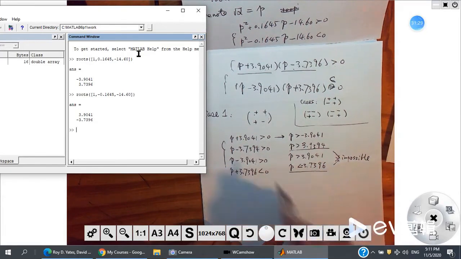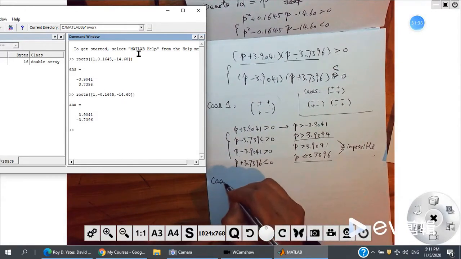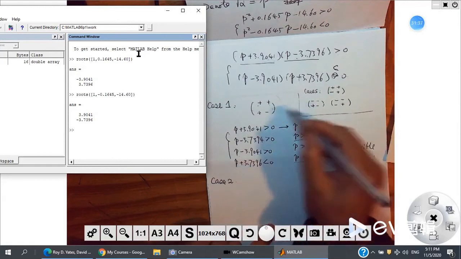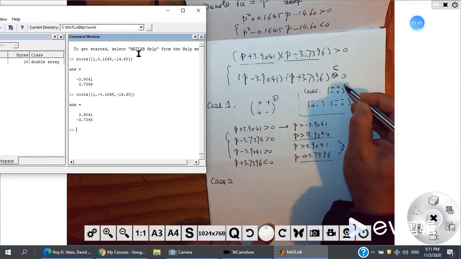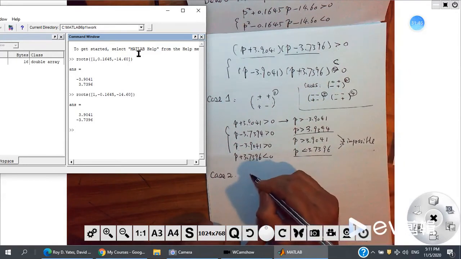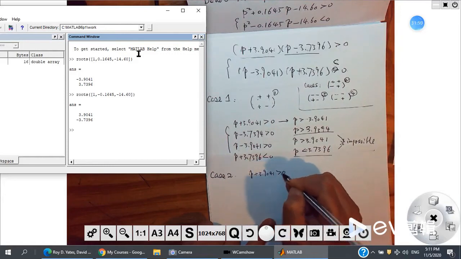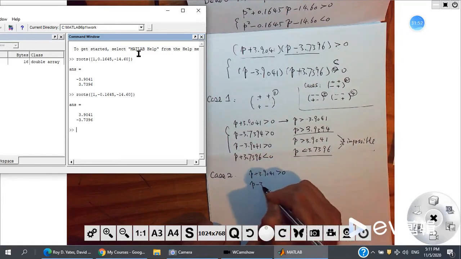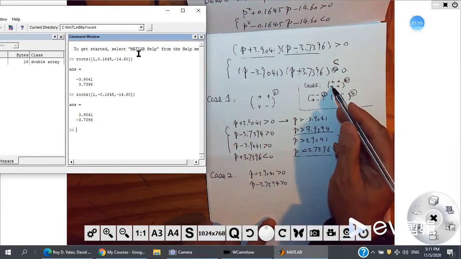Okay, so for this case, no solution. Alright, we check case 2. This is case 1. I use this as case 2, case 3, case 4. For case 2, I still have P plus 3.9041 positive, P minus 3.7394 positive, but this one is negative.